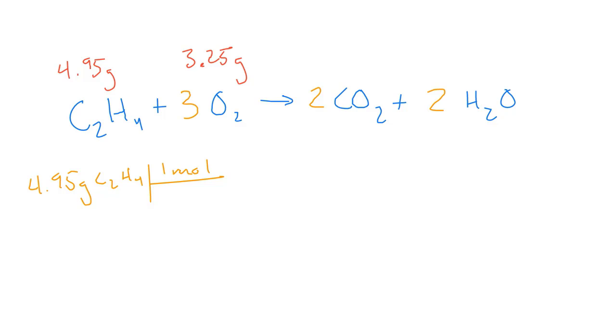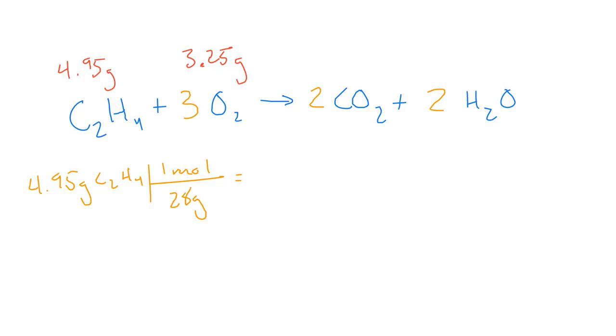So I typically round when I'm doing mass. It shouldn't make a significant difference typically. So carbon I consider to be 12, and hydrogen I consider just to be 1. So 2 carbons, that's 24, plus 4 is going to be 28.